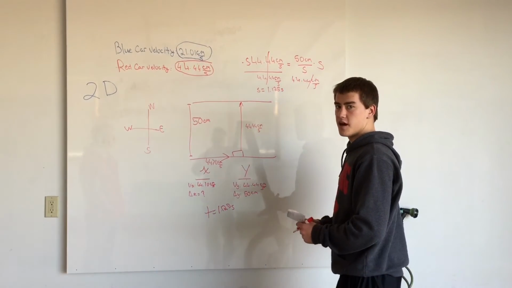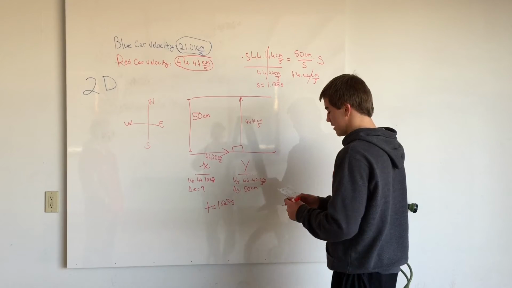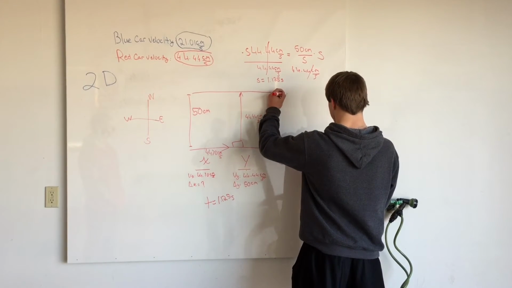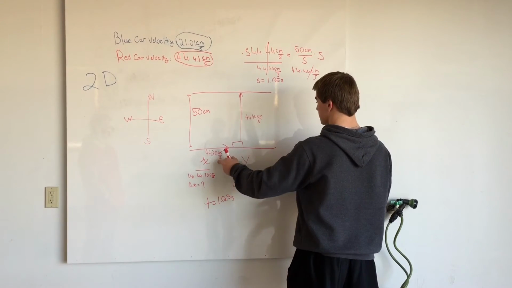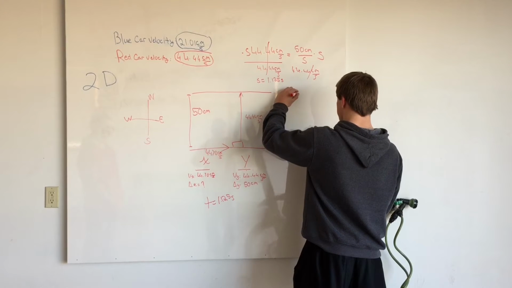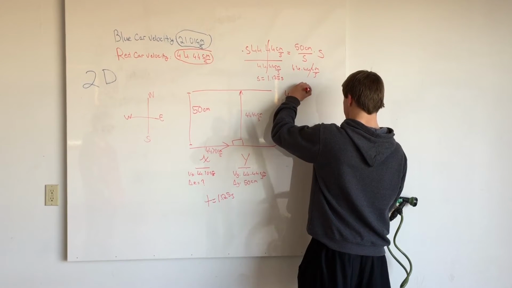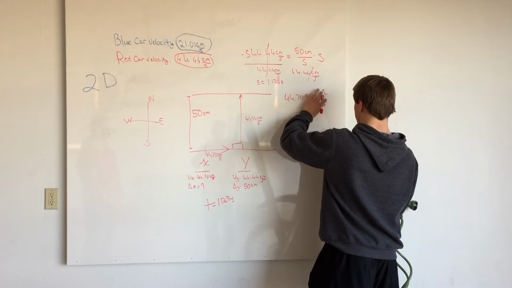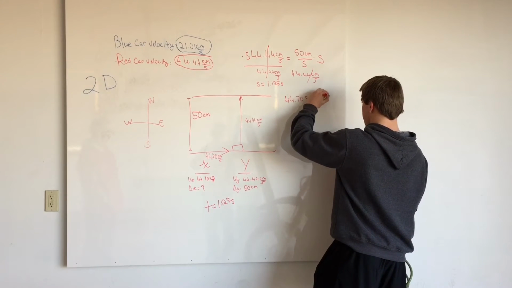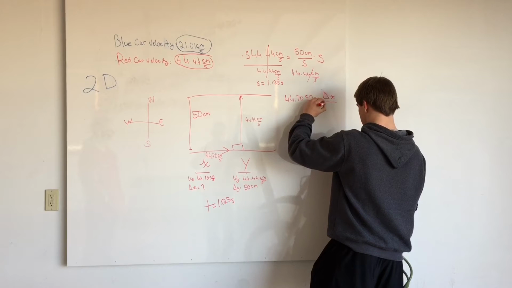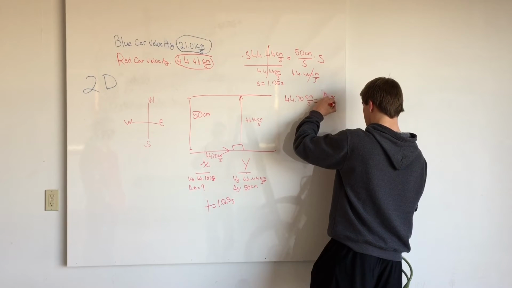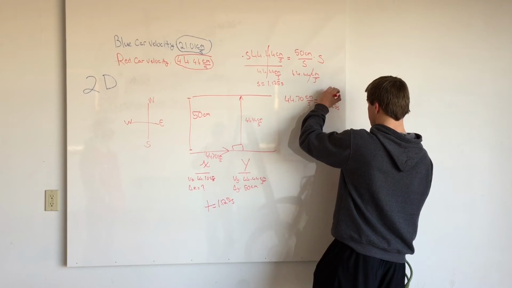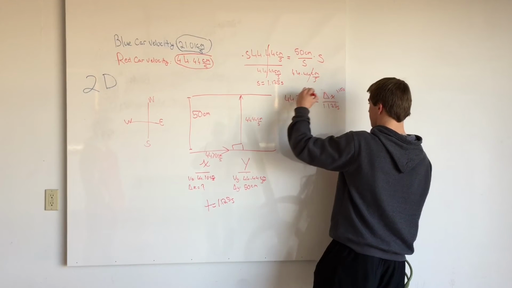Now we're going to plug in our time to find our delta x by putting our velocity of x, which is 44.70 centimeters per second, equal to our delta x over our time, which is 1.125 seconds. Multiply by this to get it off the bottom.